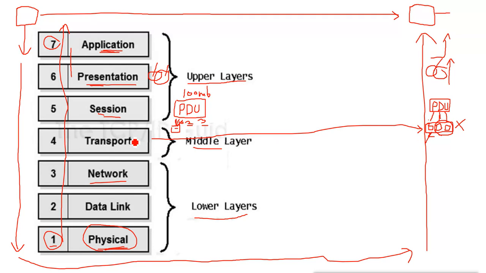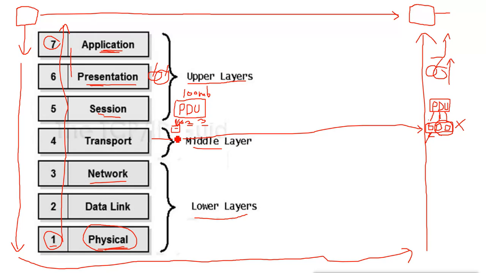It will ask the destination machine's transport layer, are you ready to get the data or not? If this machine says yes, I am ready, only then will it send the data. Otherwise it will not send the data. It will send the data only if the destination machine agrees to take the data.